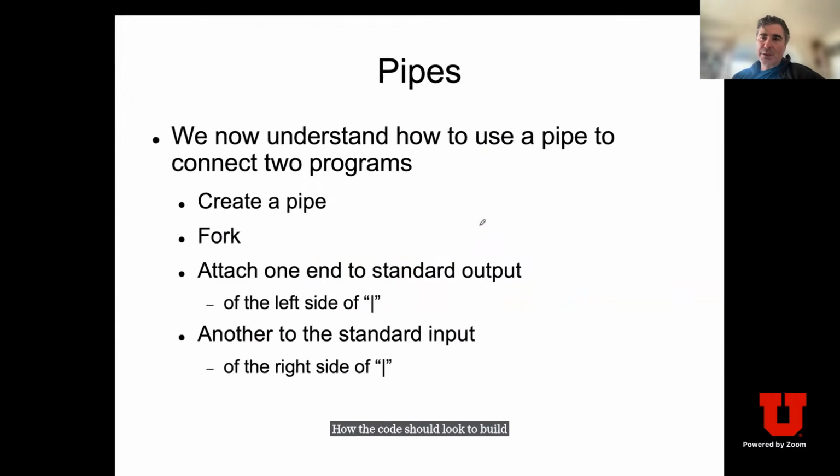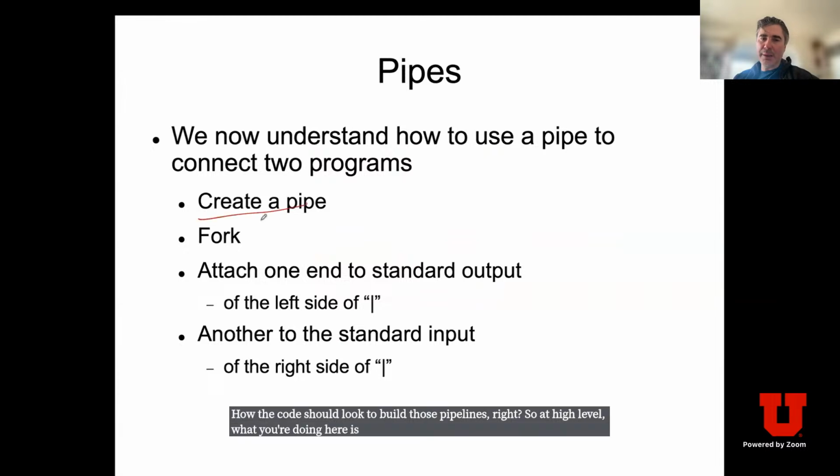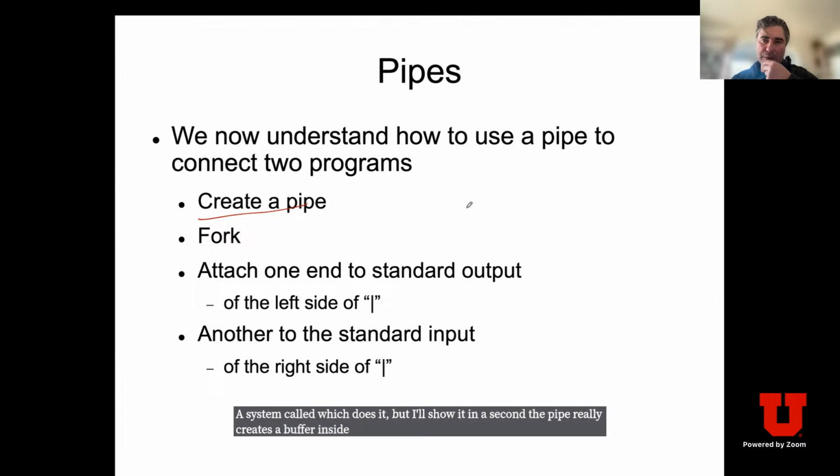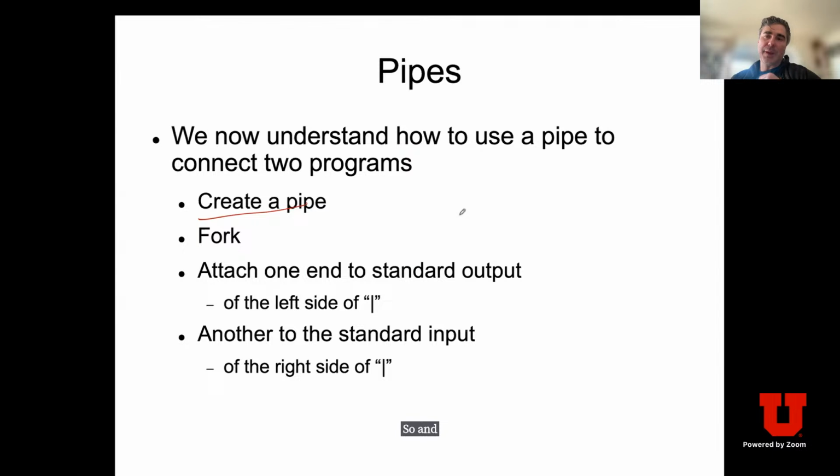At high level, what you're doing here is you first create a pipe. We didn't discuss it, a system call which does it, but I'll show it in a second. The pipe really creates a buffer inside the kernel, and it returns you two file descriptors. You can then do something with those file descriptors.